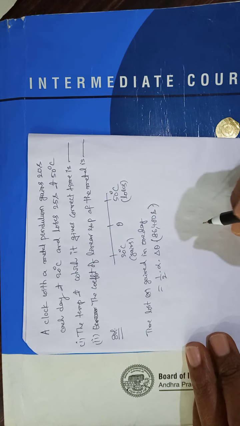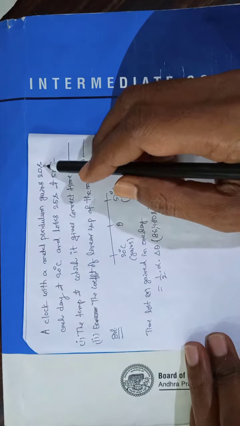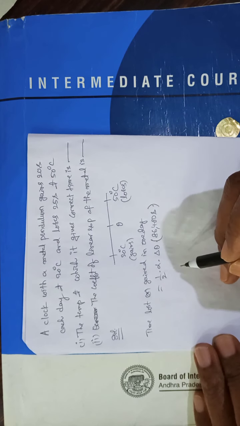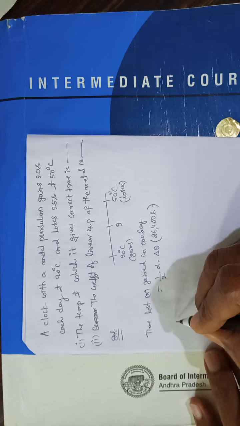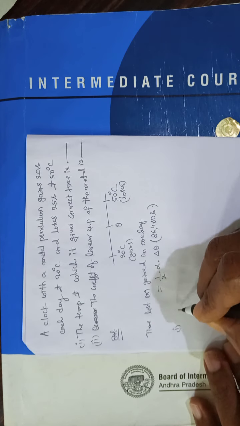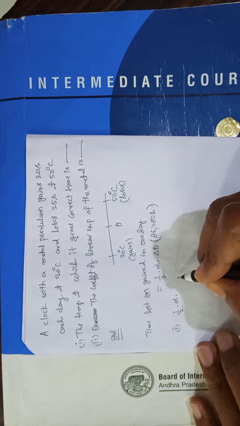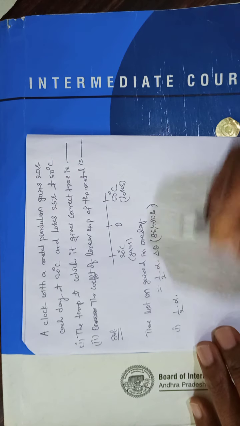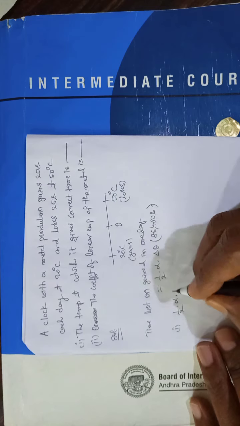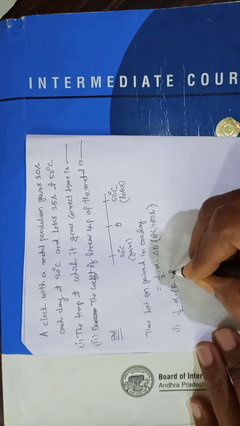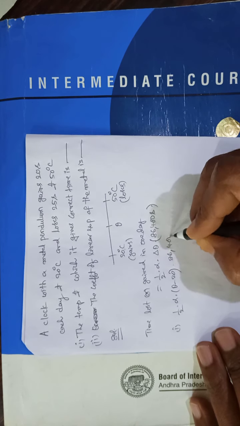Now, first one, what is given? A clock with a metal pendulum gains 20 seconds each day. So, first part: 1 by 2 alpha delta theta. Delta theta means here theta minus 20, into 86,400.